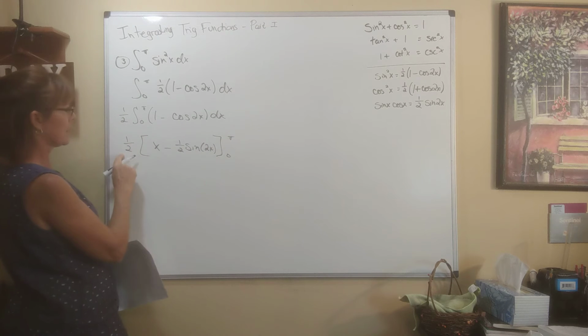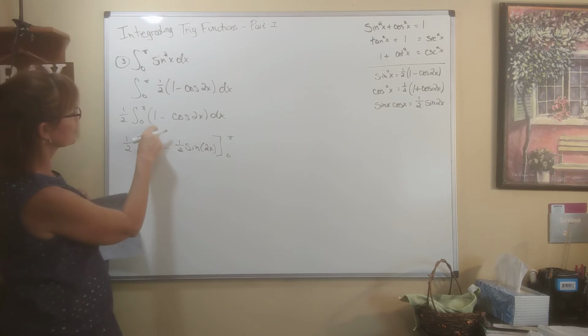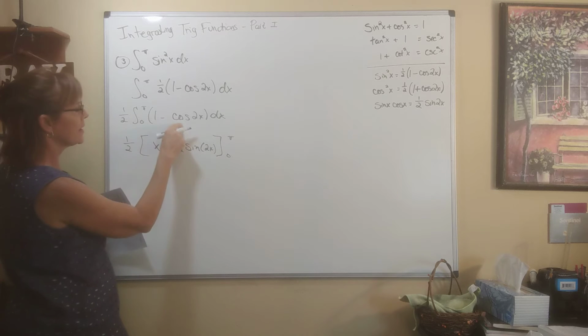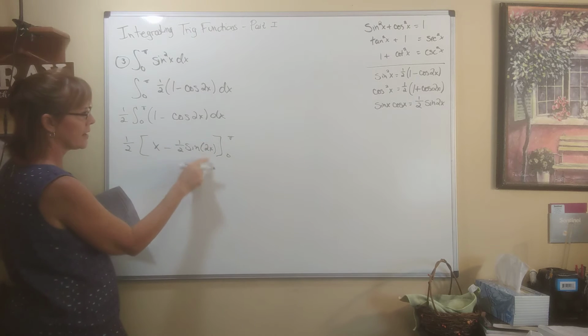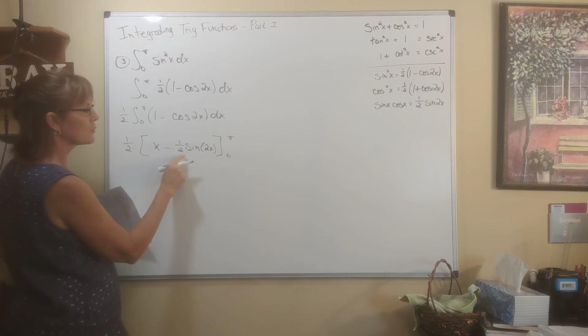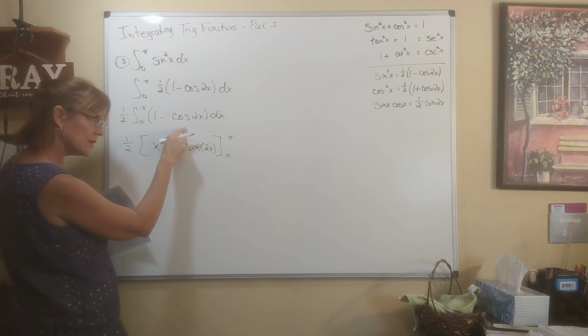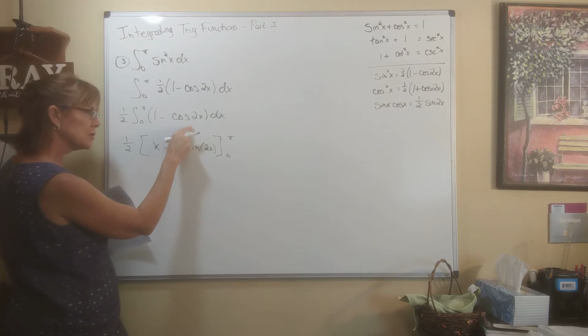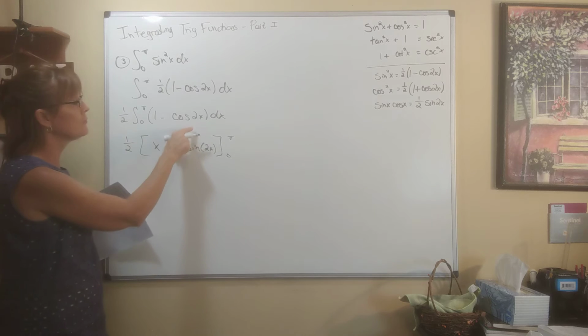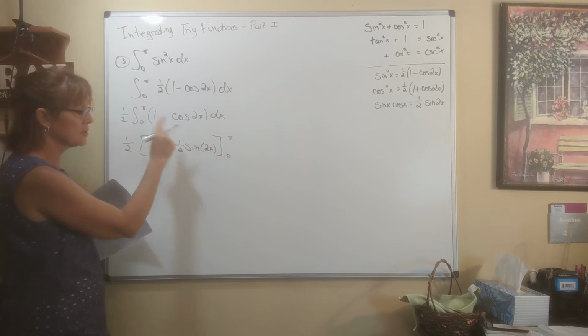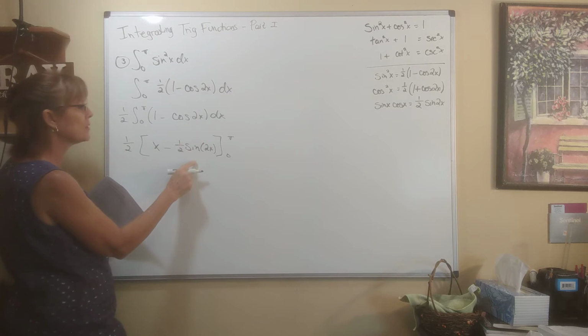What did I do? I integrated 1, I got x. I integrated the cosine of 2x. Integrating cosine, you get sine, so it's minus sine of whatever, but then we make that adjustment with 1/2. Now what I didn't do was let u equal 2x and use u substitution, but you could use u substitution to make sure you're understanding that, and you should. If you are not seeing that, just go ahead and do the u substitution and you'll get that.